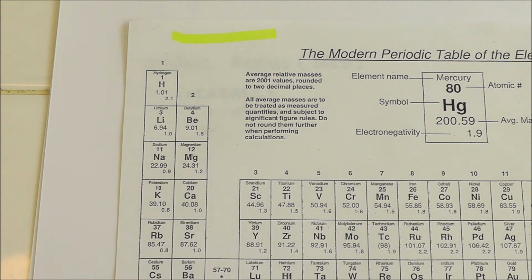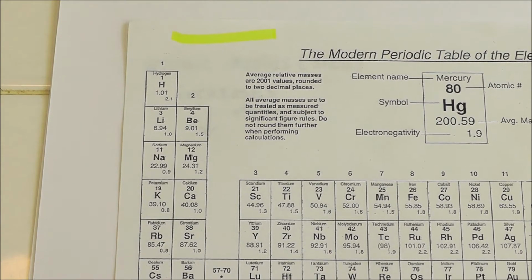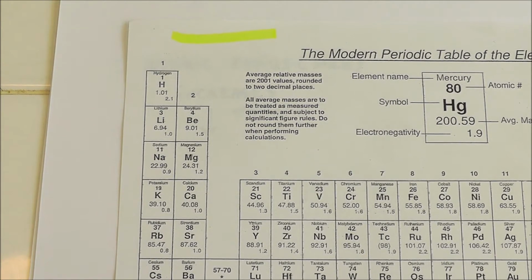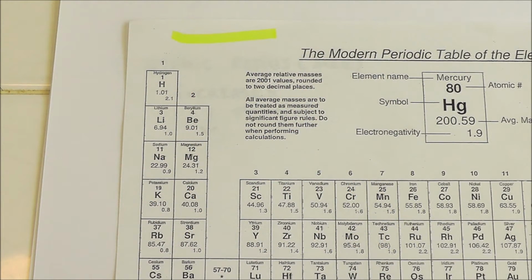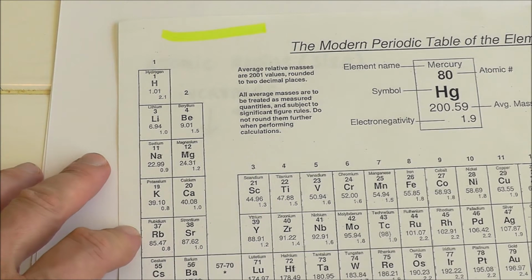And so here is a diagram which I have stolen from either your book or the internet, showing the trend for atomic size. You can see that as you go down in a family, the atomic size increases.